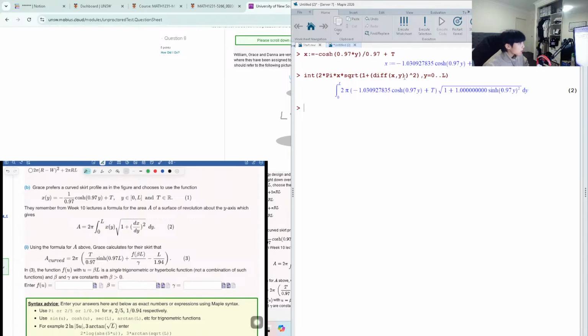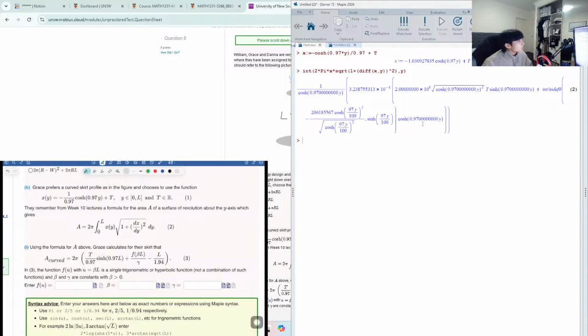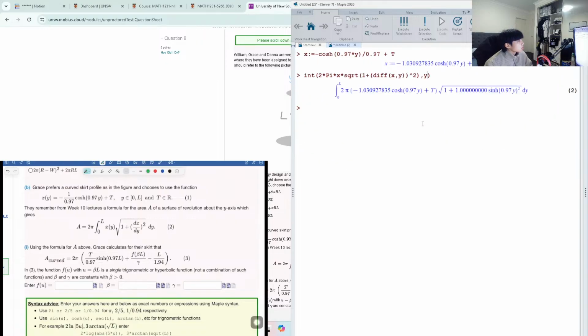Where's that minus L? I thought we integrated from 0 to L. Okay, maybe we could integrate y normally. So it looks like we have to integrate by ourselves.